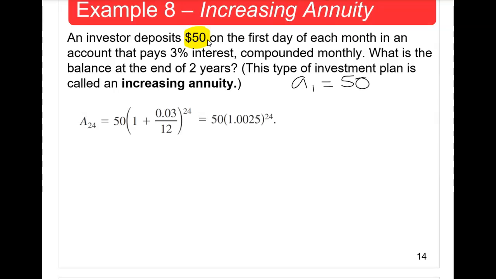And then in an account that pays 3% interest. So that interest, we have to convert it to a decimal. So if we drop the percent symbol, 3%, it literally means that 3%.